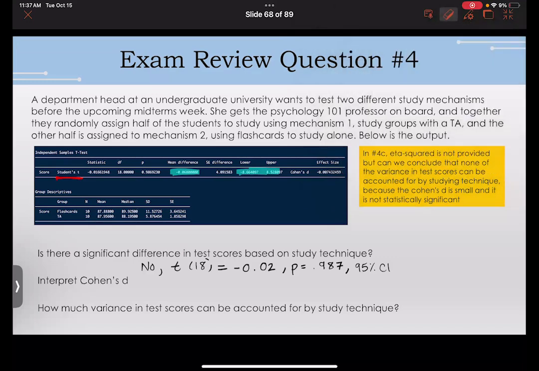So if it were a mean difference CI, it's 95% mean difference CI, or if you were doing an effect size CI, 95% effect size CI, negative 8.66, 8.53, d equals 0.01. That is the complete answer.